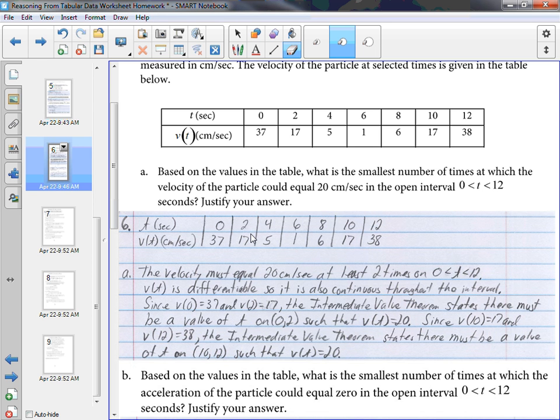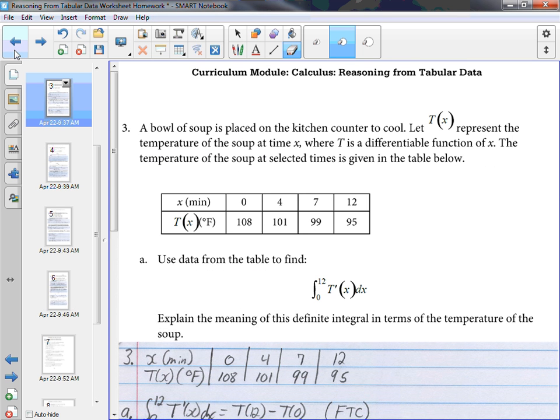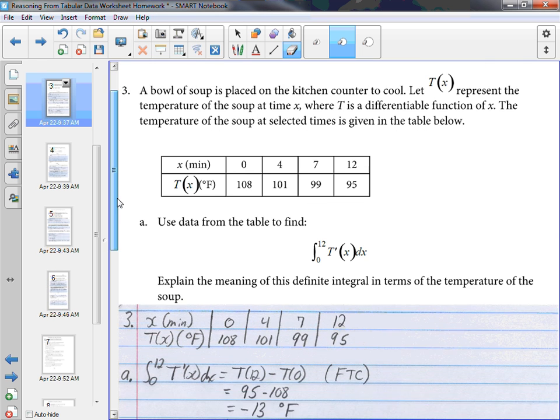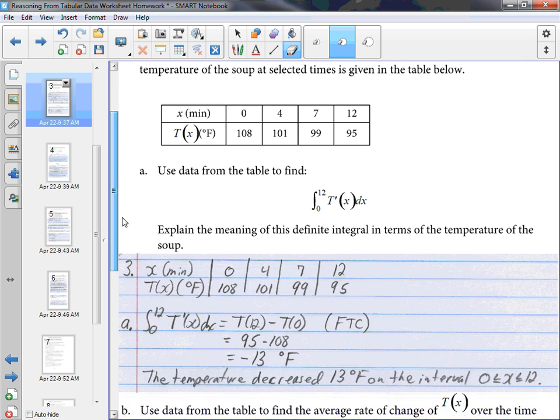Number 3. All of 3 or part of 3? I don't understand.